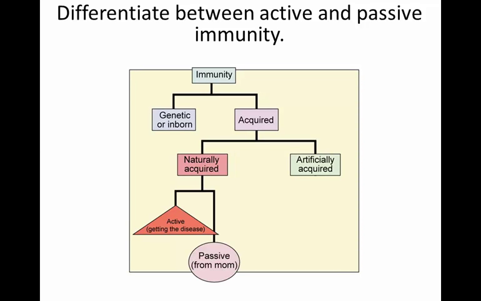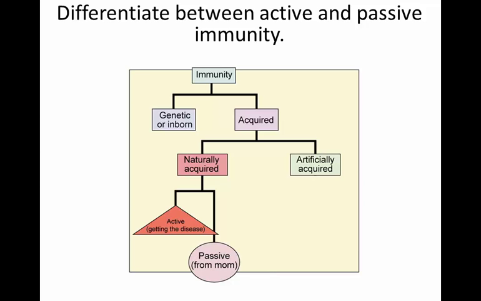So we have active naturally acquired immunity and passive naturally acquired immunity. The difference here is that in naturally acquired active immunity, you actually get the disease. You mount a response to the disease with phagocytes attacking the disease, and then your T cells and B cells mounting a response to the disease as well.